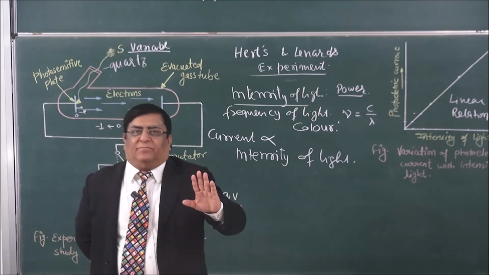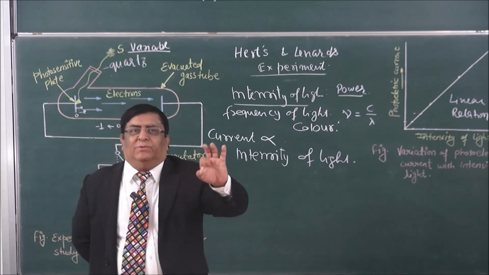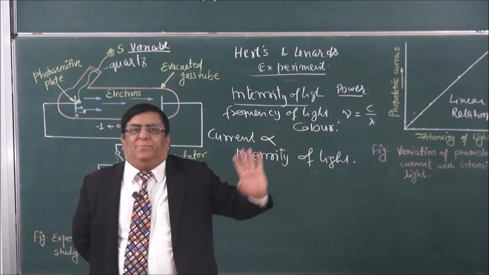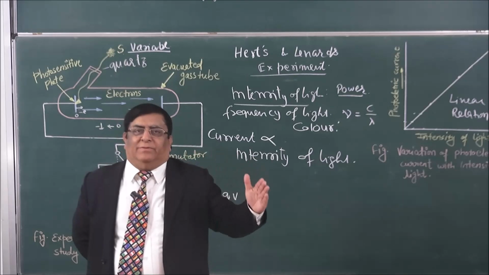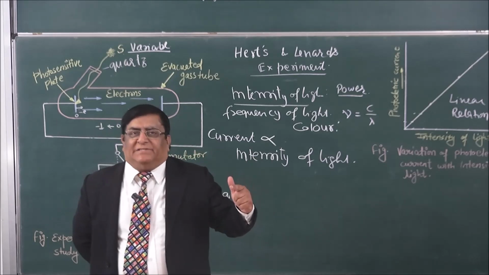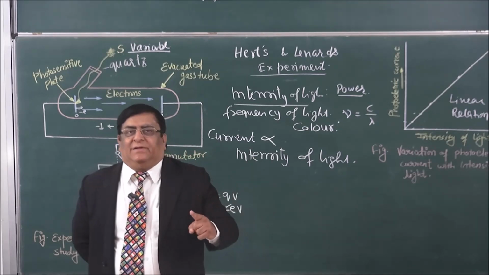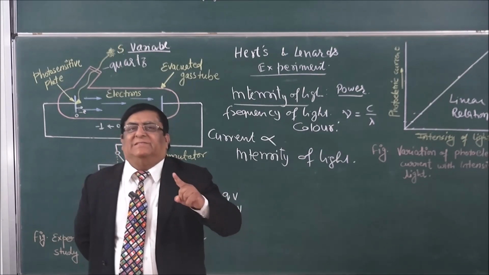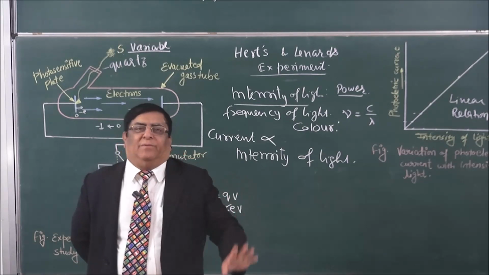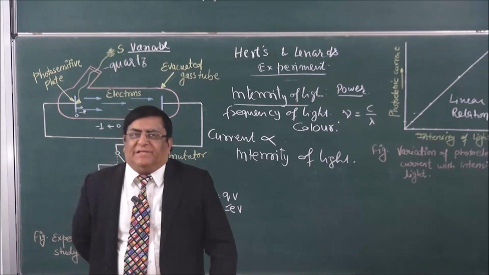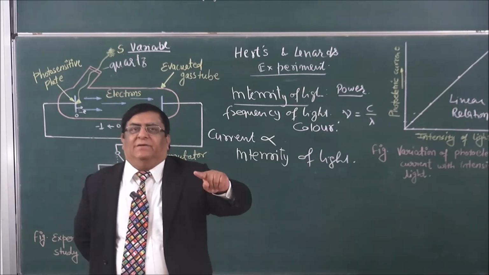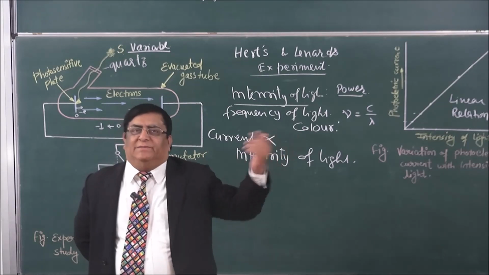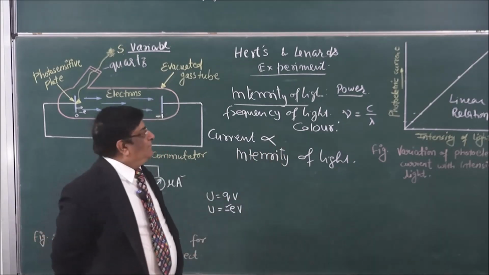It starts from red, yellow, green and blue. I keep on changing the bulb. What I am not changing is intensity, because all the bulbs are the same wattage. What I am changing is frequency: red, yellow, green, blue, violet, indigo, like that.